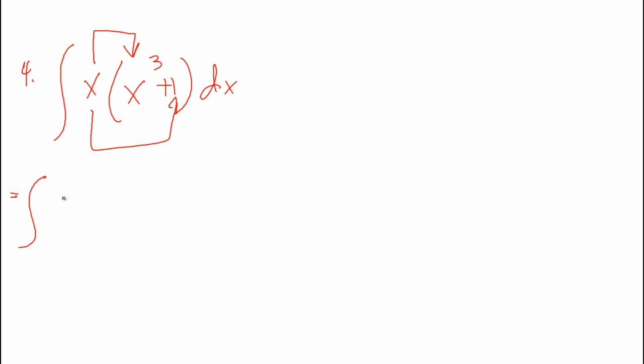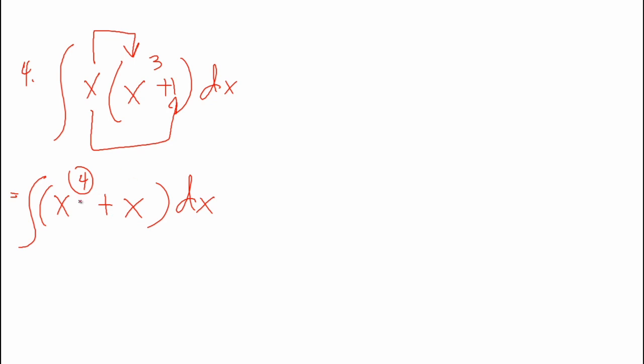So it will now become x raised to the 4th power plus x, times dx. Because if we multiply the same bases, in this case x, your exponents will be added together. So we have here 1 plus 3, that's why you have here 4.